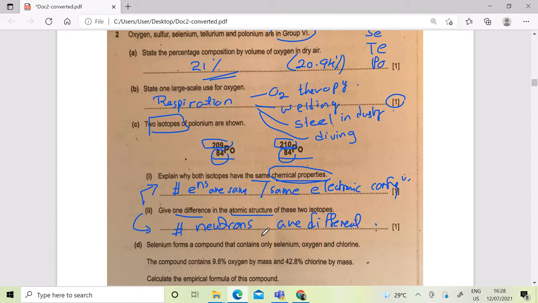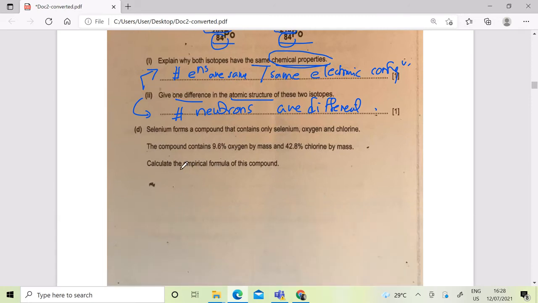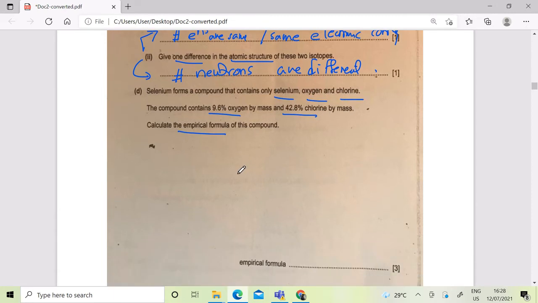Going to part D now. Asking empirical formula. Giving you 9.6 oxygen, 82.8 chlorine, but the question says you have selenium, oxygen and chlorine. So what you need to do is the usual exam question, calculating empirical formula.